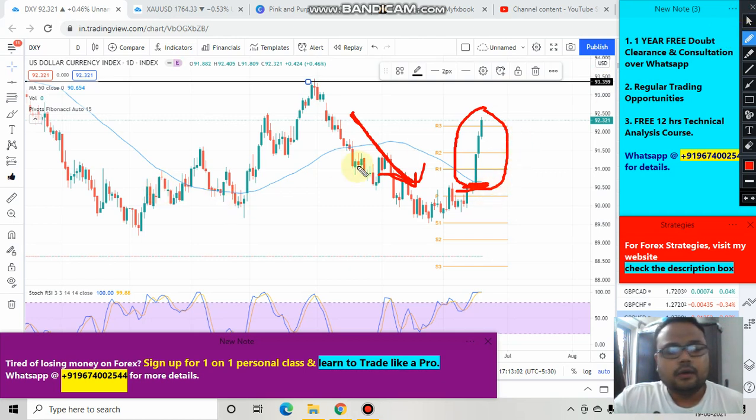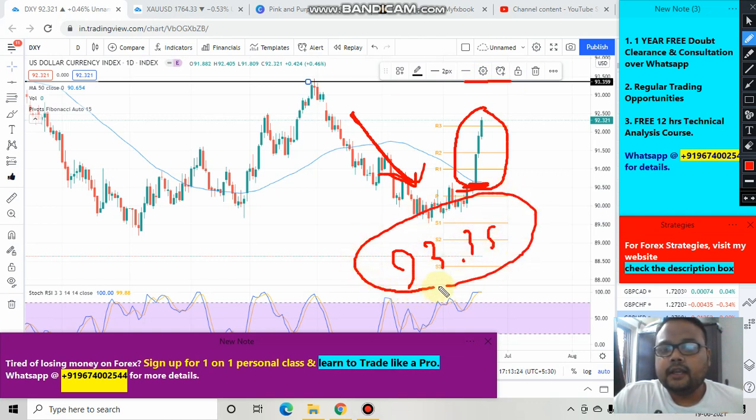And if you look at this particular chart of the US dollar index, then you can see that the overall structure of the market tells us that yes, the US dollar is extremely bullish right now, and it will be going up until it reaches this particular resistance, the 93.35 level.